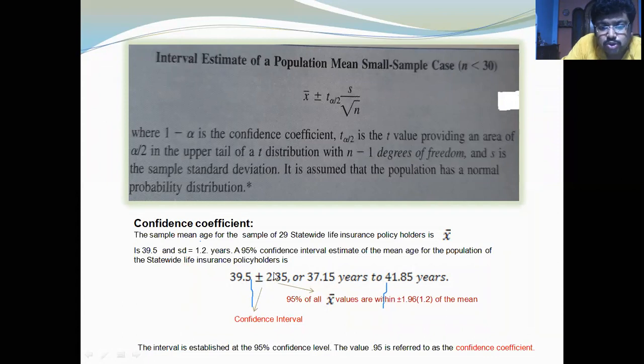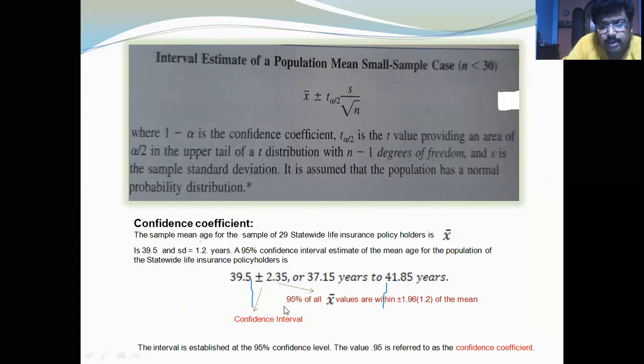The error is 2.35. Okay, with this error, for example, I have said that the mean is 39.5 and standard deviation is 1.2.